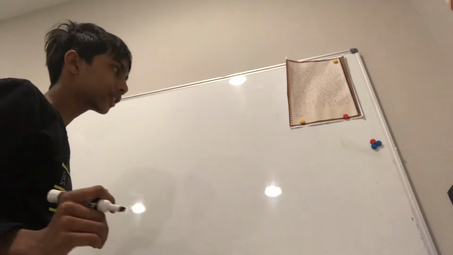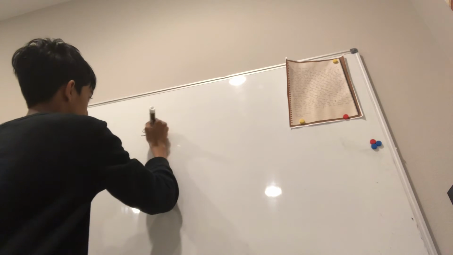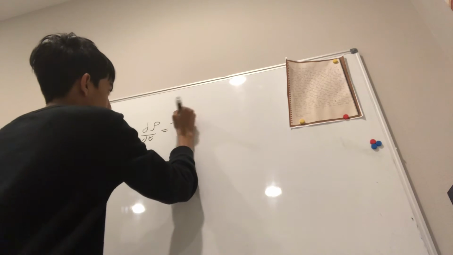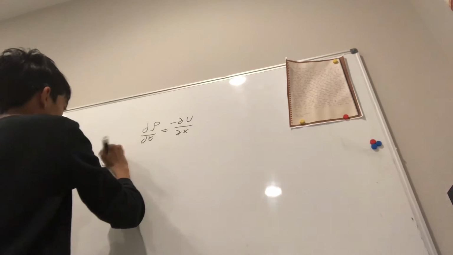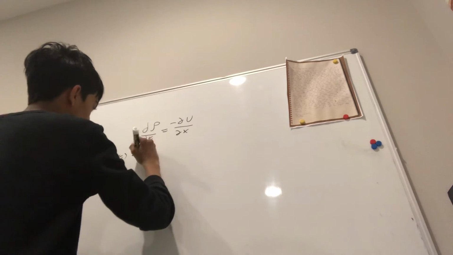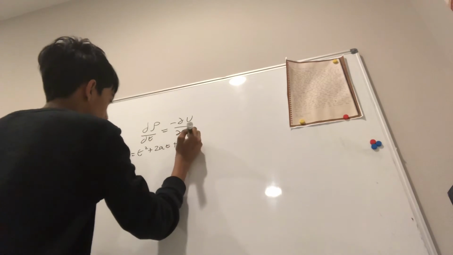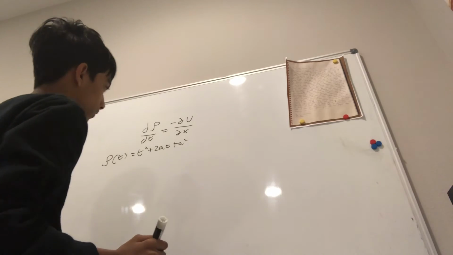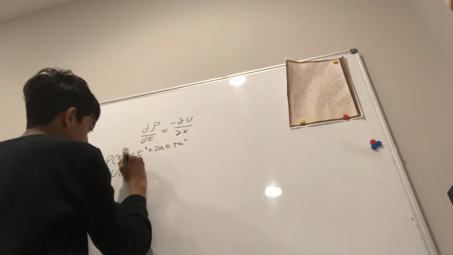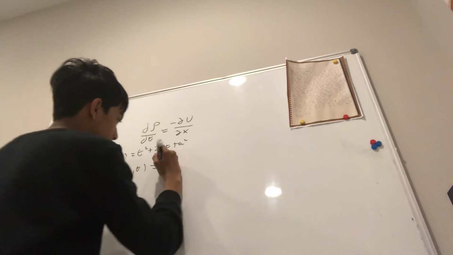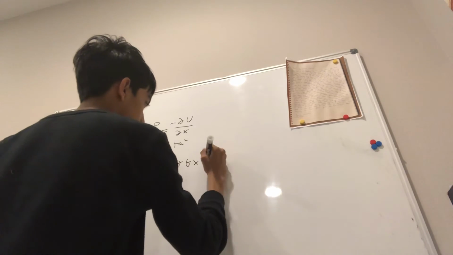For the sake of how easy it can be, we're going to just say the time derivative of momentum is equal to negative partial derivative of u with respect to x. So let's say we have a momentum p of t is equal to t squared plus 2at plus a squared. So just a simple second rank polynomial, and let's say we have u of x and t is equal to xt squared plus t x squared plus sine x.